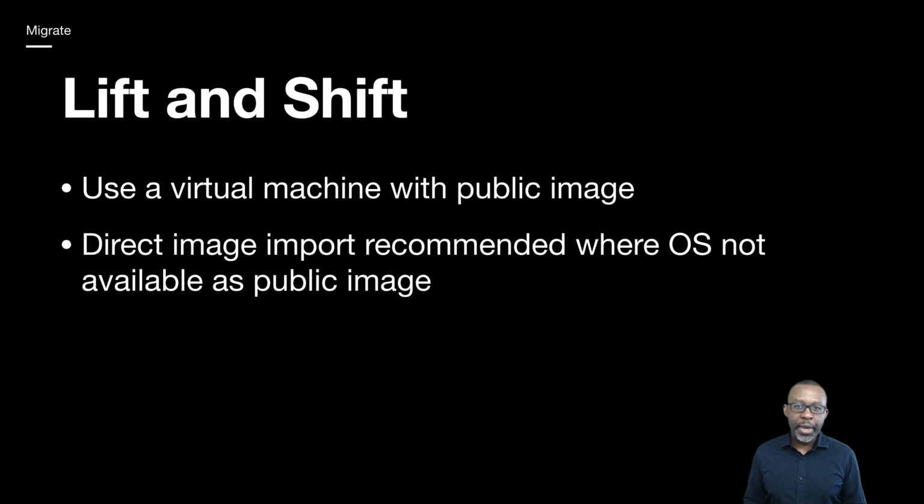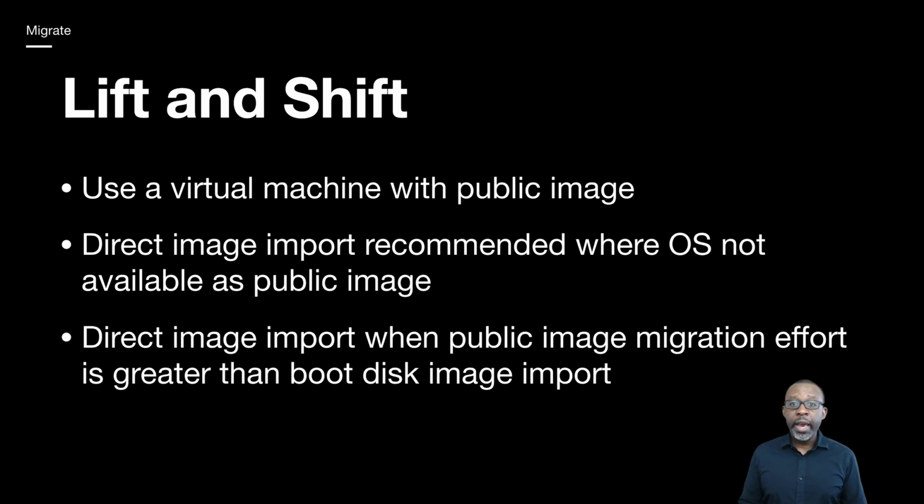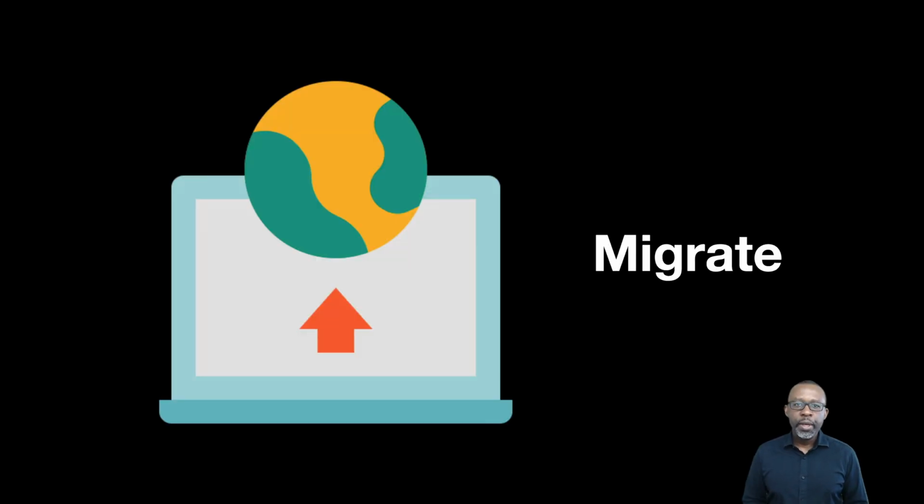Directly importing an image is also an option where the virtual machine requires an image that's not available in the public image catalog. And where the effort required to migrate a VM to a public image is significant, it may be feasible and even recommended to simply import the original boot disk image.